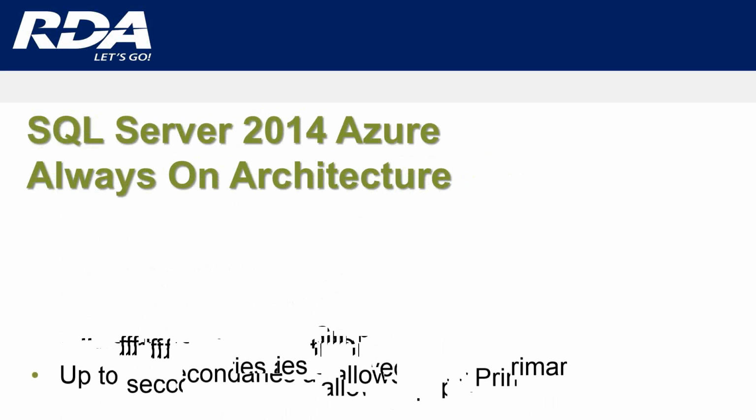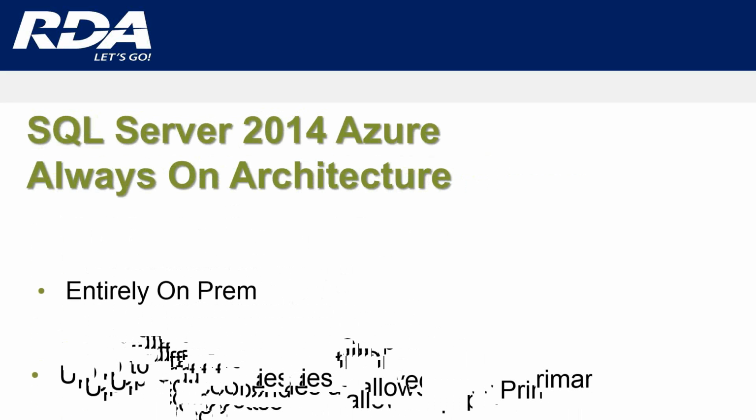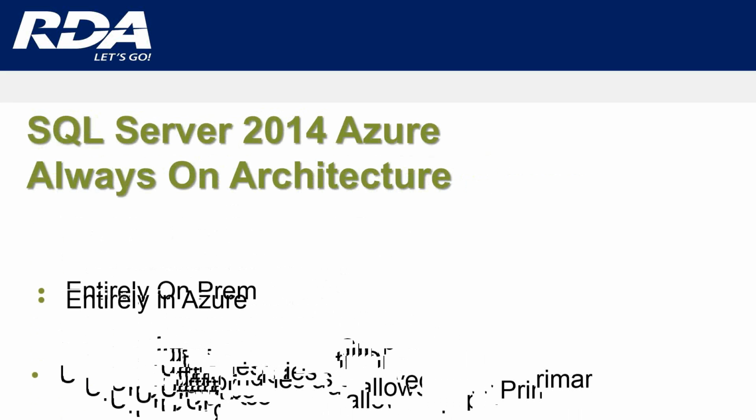Now, for your always-on architecture, you can have the solution entirely on-premise, whereby both your primary databases and your secondary databases are all on-prem. You could also have everything in Azure if you decided to do that, where both your primaries and your secondaries would all exist in the cloud in the form of Azure VMs.